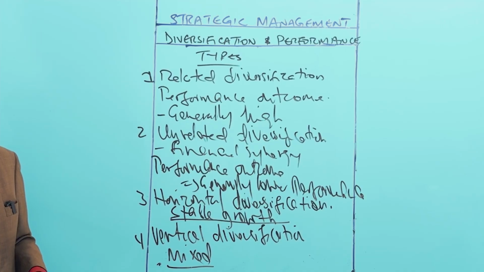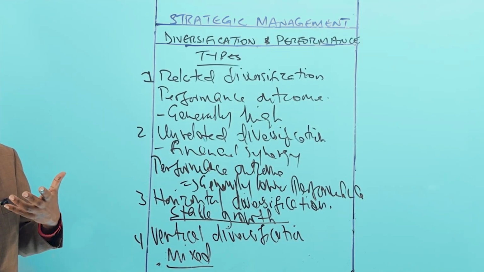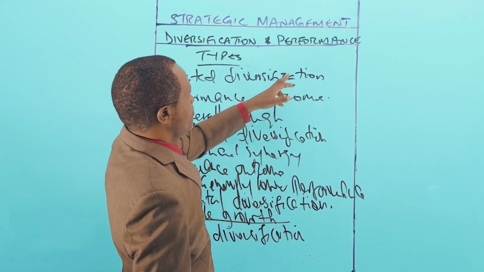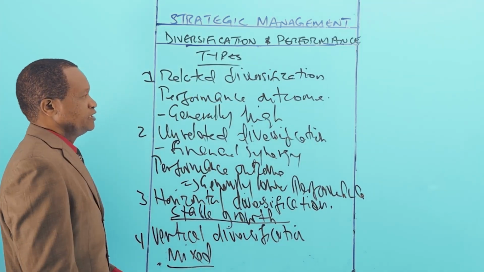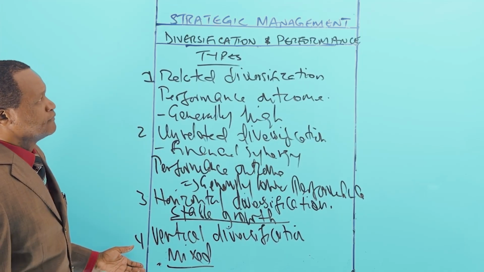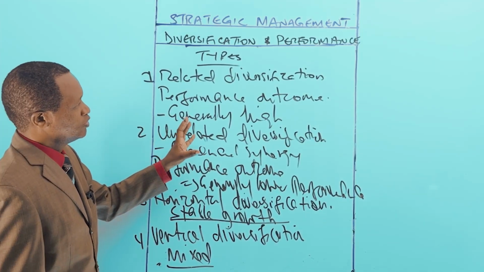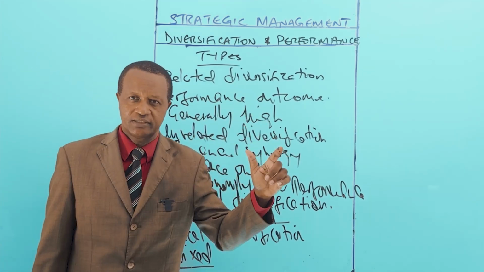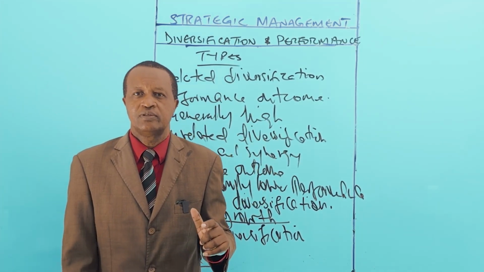And the decision we've seen can carry both potential benefits and risks, directly impacting performance. Then we've gone ahead in this lesson to analyze the 4 types of diversification and how these types of diversification impact on performance. So that's the end of the lesson.